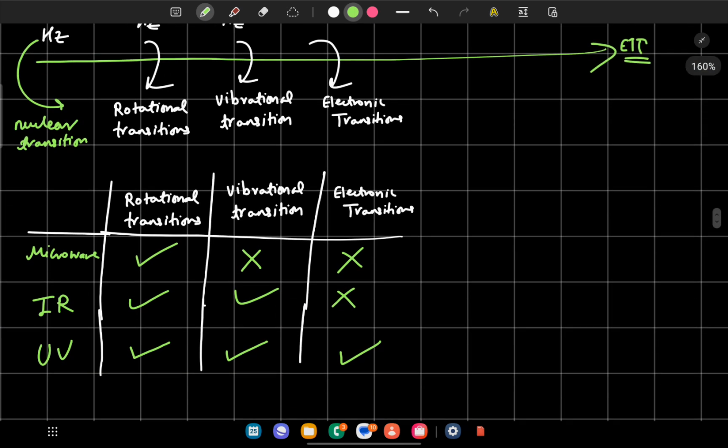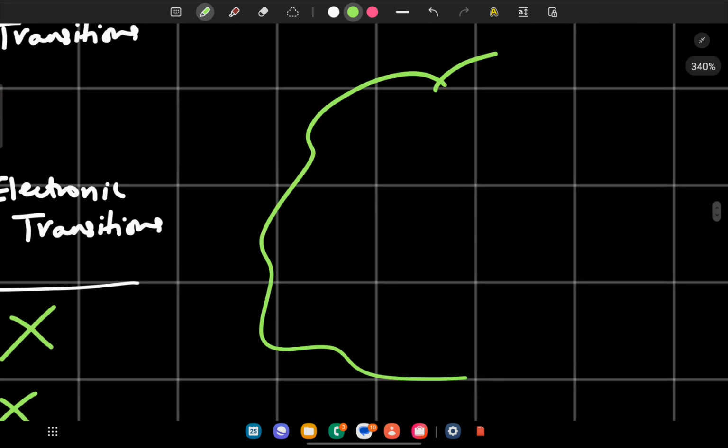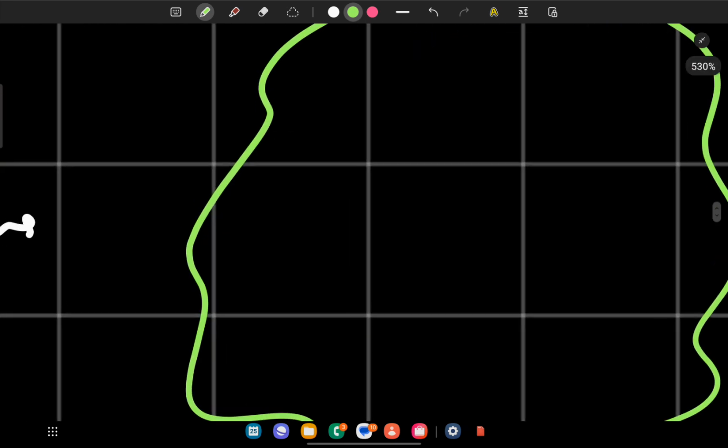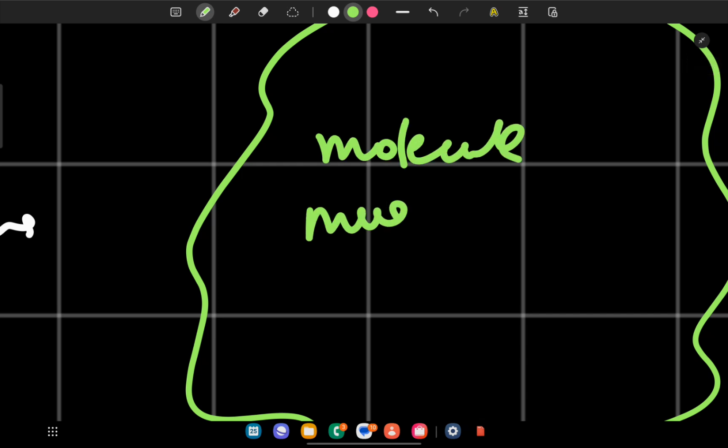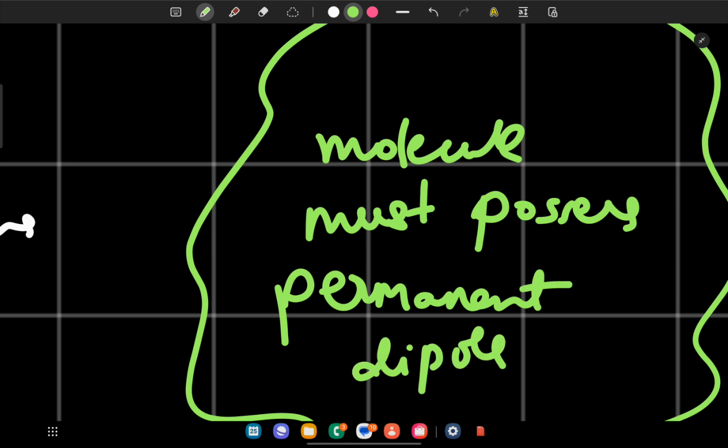Now, a molecule which we are trying to study under rotational spectroscopy must follow a prerequisite condition. And what is the prerequisite condition? The molecule must possess a permanent dipole moment.